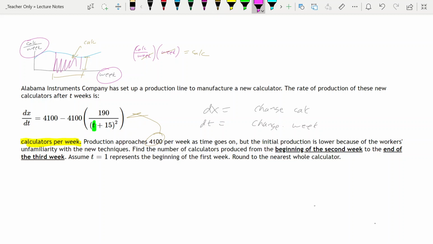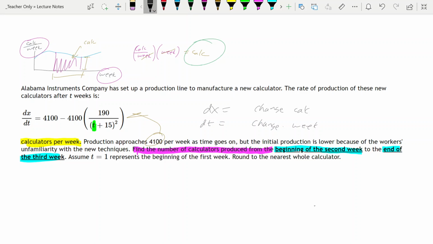Here we go. Here's the question. Find the number of calculators produced from the beginning of the second week to the end of the third week. And they're telling us to assume t equals 1 represents the beginning of the first week. All right, that's going to be key. So if they're asking us to find the number of calculators, well, hey, we just said that would be the integration.